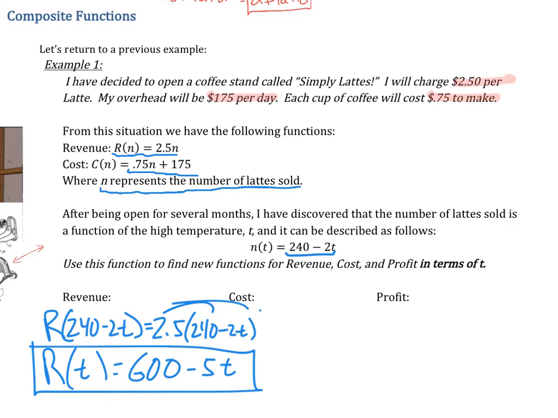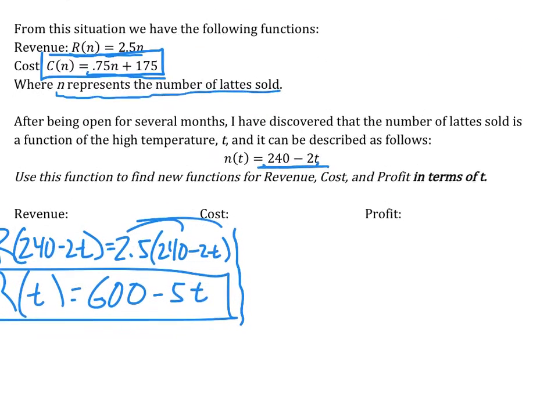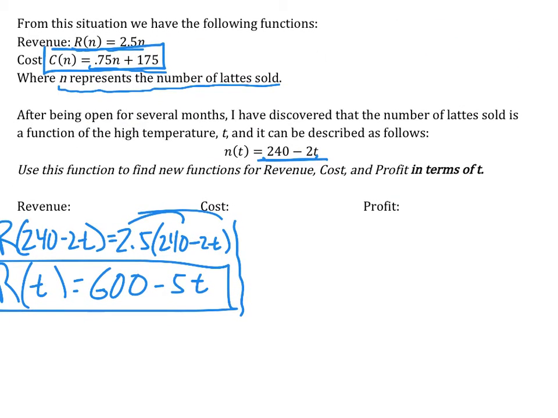If I want to figure out how much I'm going to be spending, my cost was this guy right here. I can plug this new expression into my cost, and I'll get a cost function. So the cost is going to be 0.75 times 240 minus 2T, because that's how I figure out what N is, plus 175.